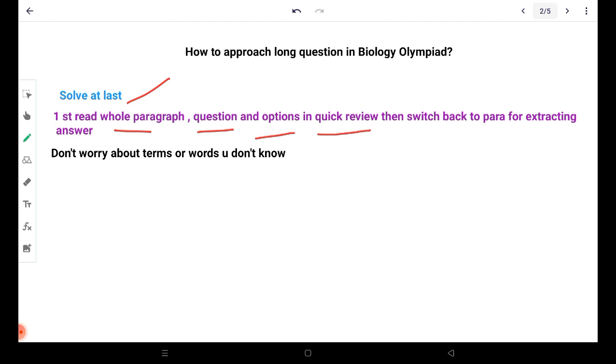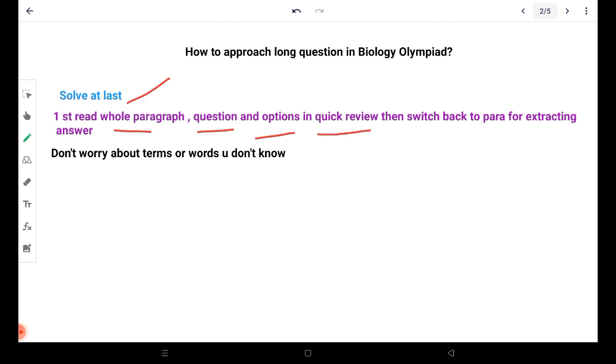Then, after taking a quick overview of the options and questions, switch back to the paragraph and look for your answer. While reading the paragraph, you will come across many terms and terminologies or words you have heard for the first time. Even if you don't know a word, don't worry.